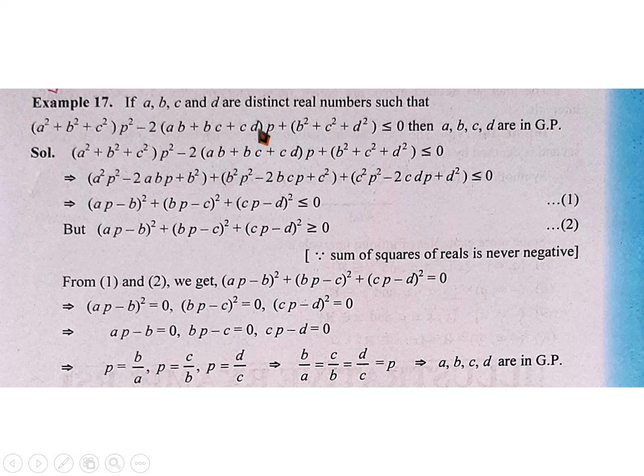So this left hand side must be less than or equal to 0. What we have to prove is that a, b, c, d are in GP. These four numbers are in GP.